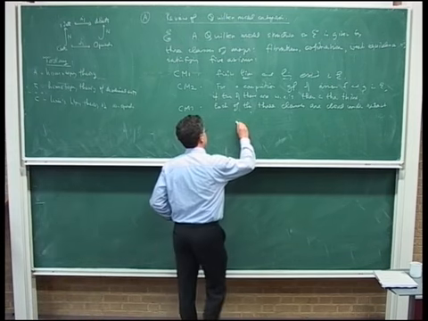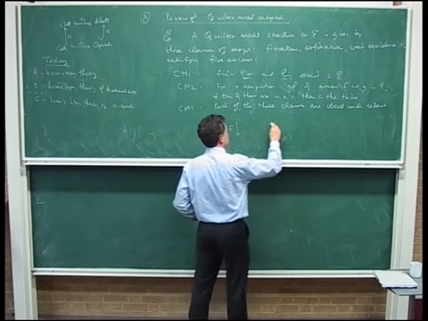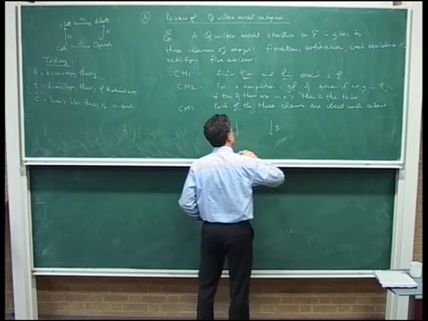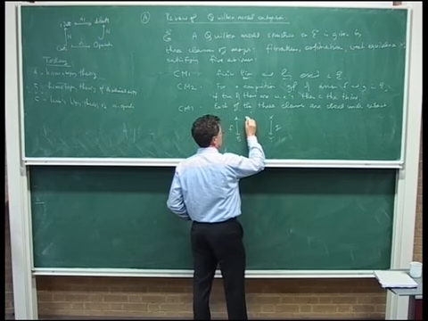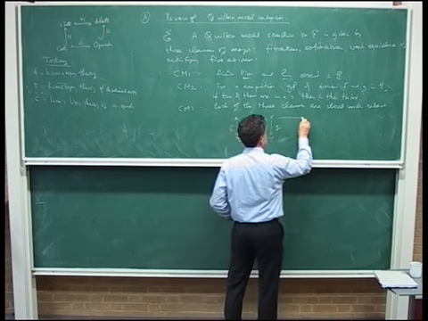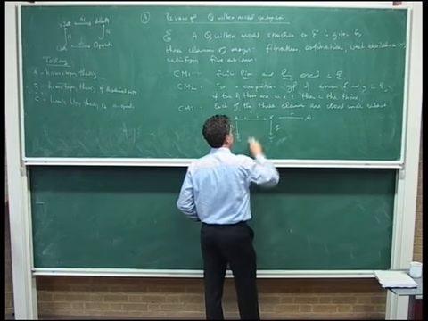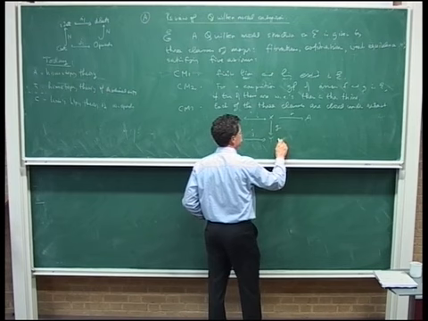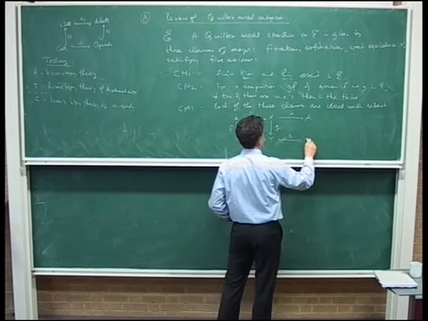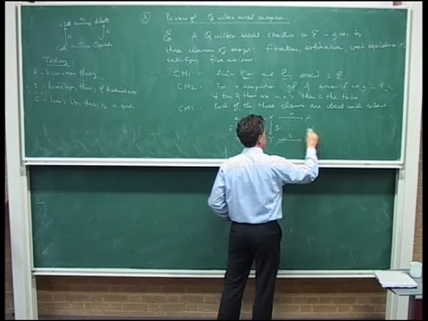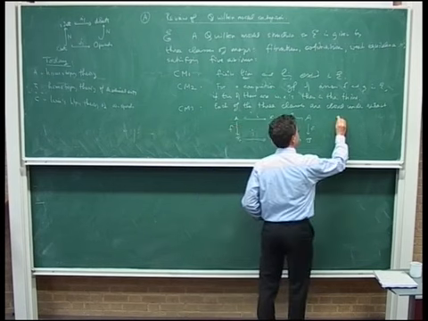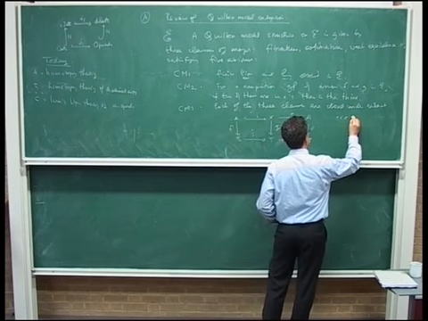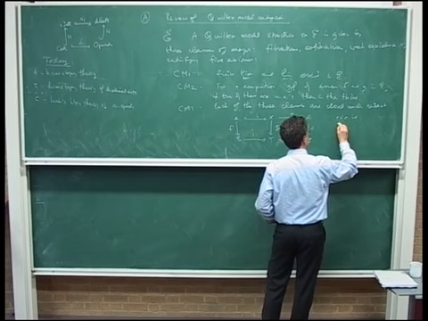Okay, so an arrow F is a retract of an arrow G. Let's say this one goes from A to B, this one goes from X to Y. If and only if A is a retract of X, and B is a retract of Y, in such a way that it is compatible with these maps F and G. Okay? And everything commutes.